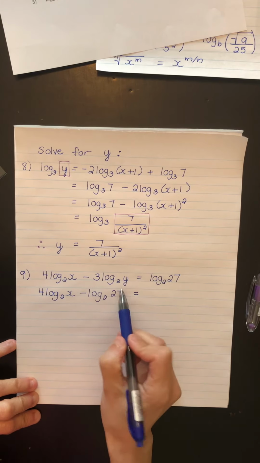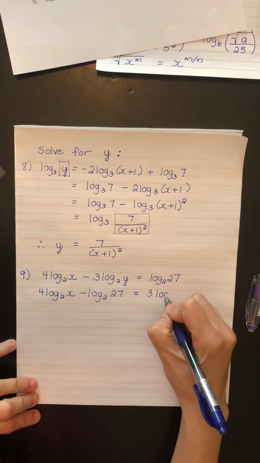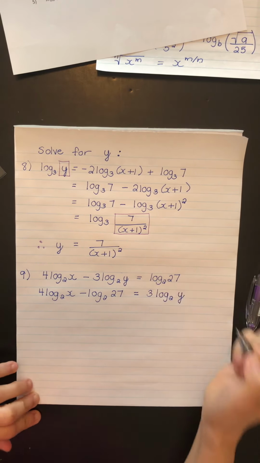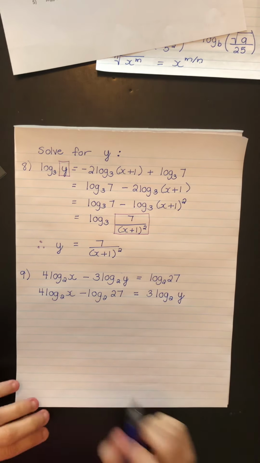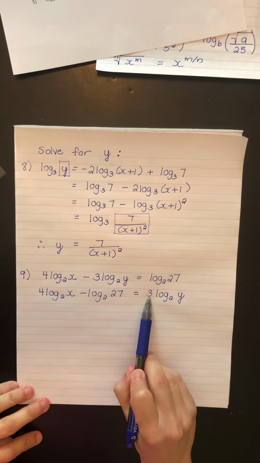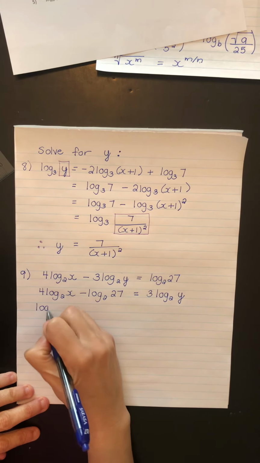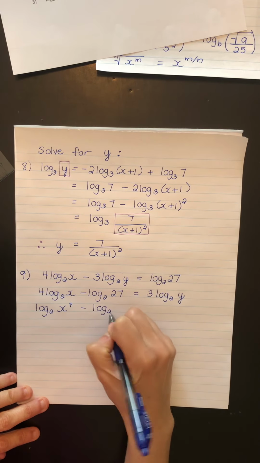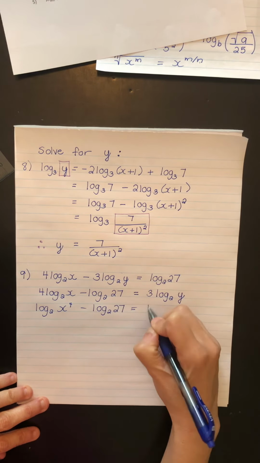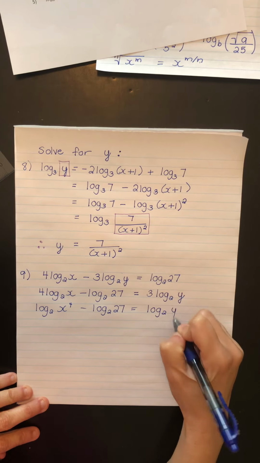When this goes to the right, it's going to be positive, like that. Now, I'm going to move the coefficients. This will be x to the 4. And similarly here, y cubed.